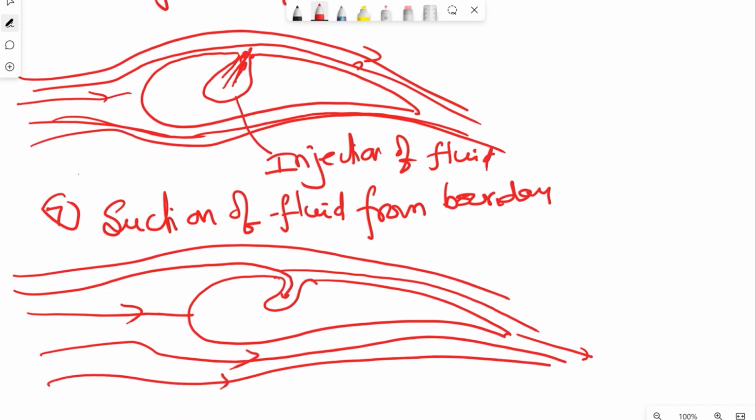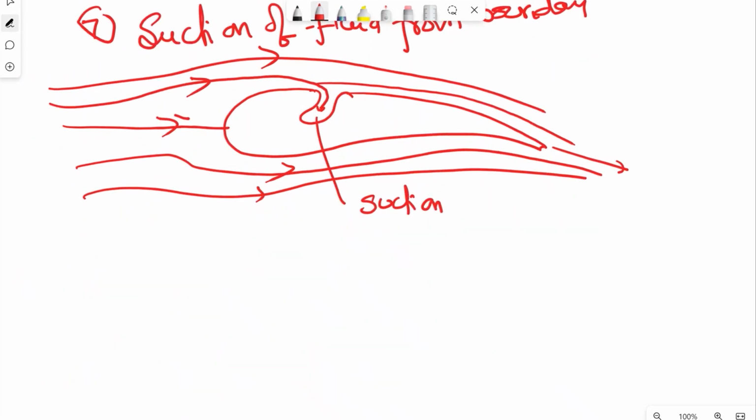So these are all flow lines. This is sucking, suction. So these are the various methods to avoid separation.